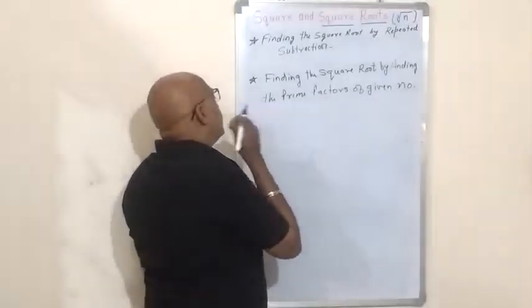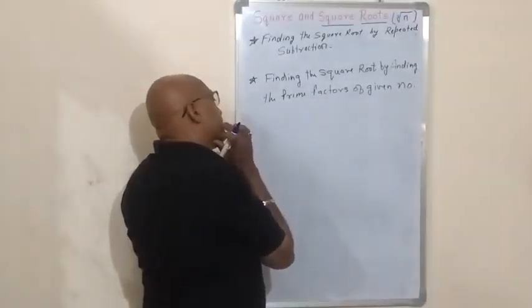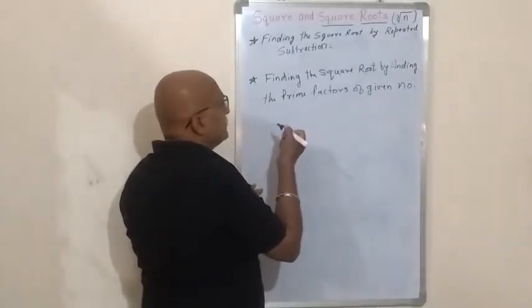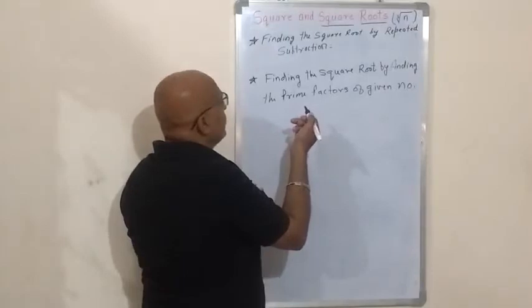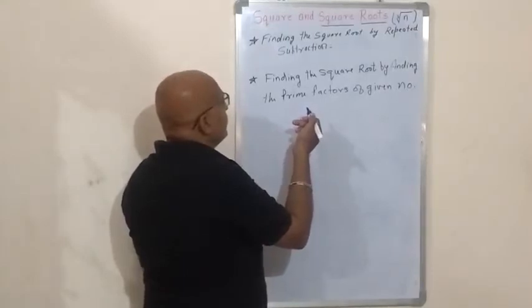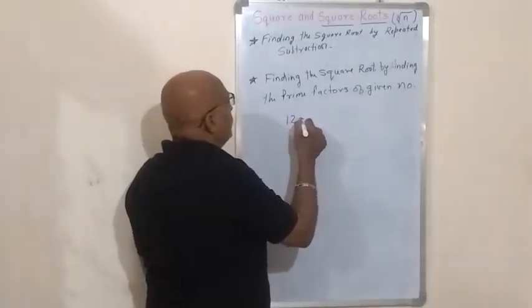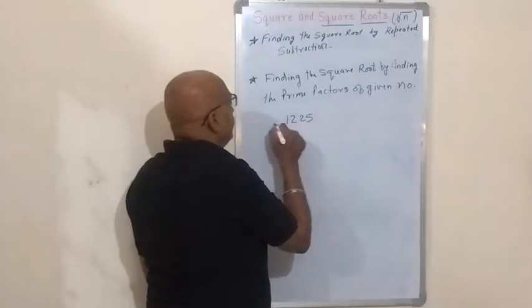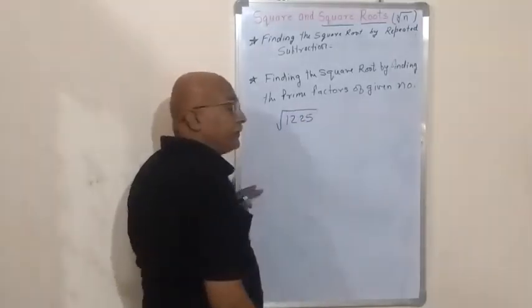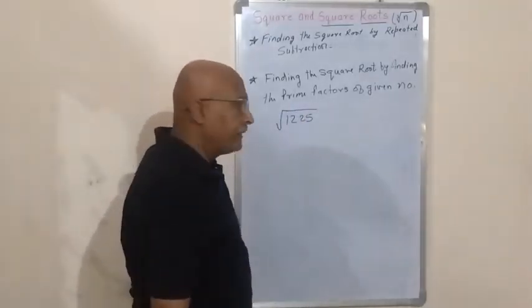Let us take a perfect square, say 1225. We have to find the square root of 1225.